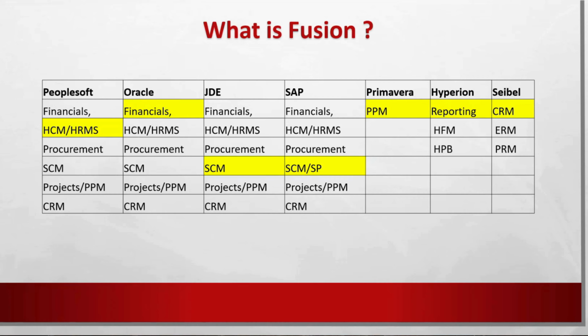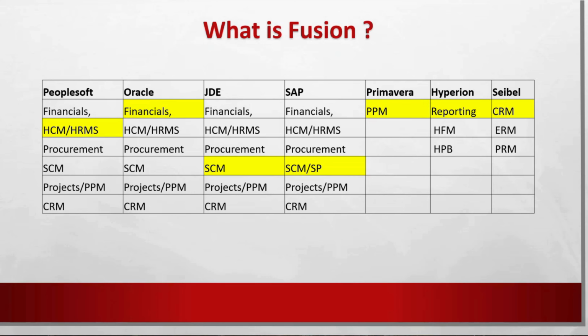The companies would first analyze which is their key area, and then go for the best solution for their primary area. For example, for my client the key area is SCM. So it might go for the SAP application, because although in SAP other areas like financials, HCM, HRMS are just average, their key area is SCM, so they want the SCM application to be the best.